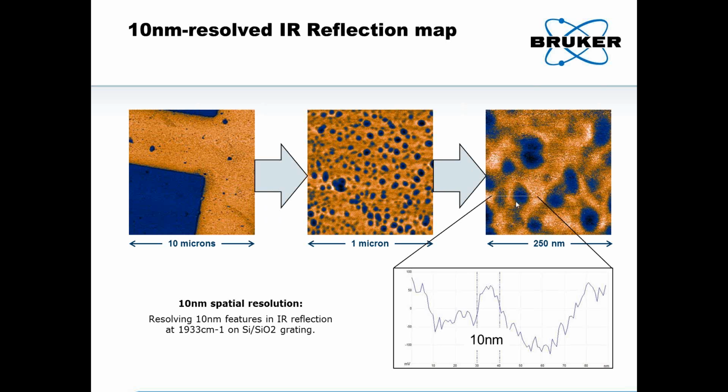You can see that as you zoom in to a 250 nanometer image, it's possible to resolve the 10 nanometer gap between these two inhomogeneities.